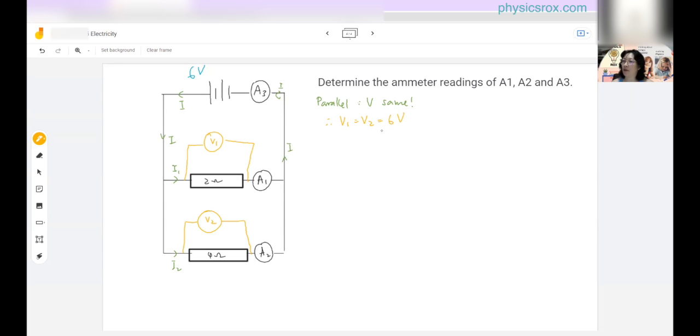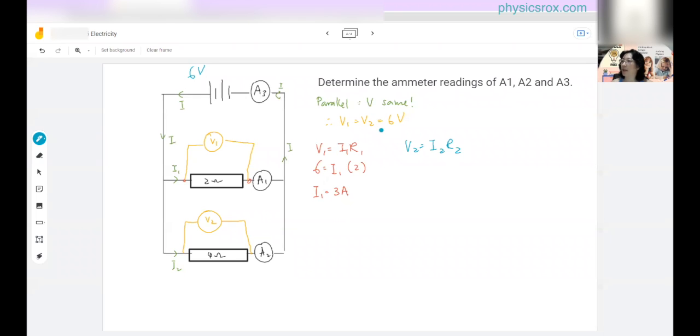So when you want to account for A1, you only look at that section. V1 is only here. So V1 equals I1 R1. We know V1 is 6. I1 we don't know, but R1 we know is 2. So you can calculate, I1 is 3 ampere. Then when you calculate for this one, V2 equals I2 R2.